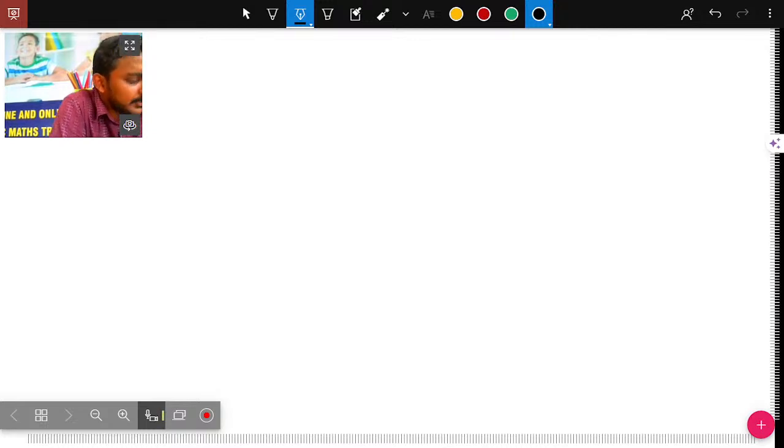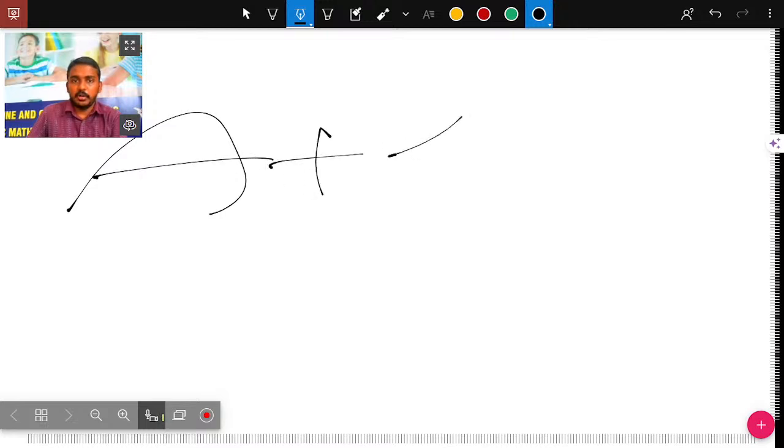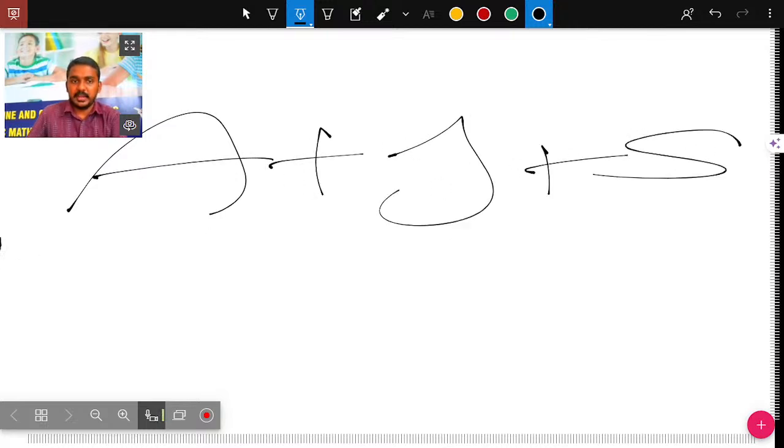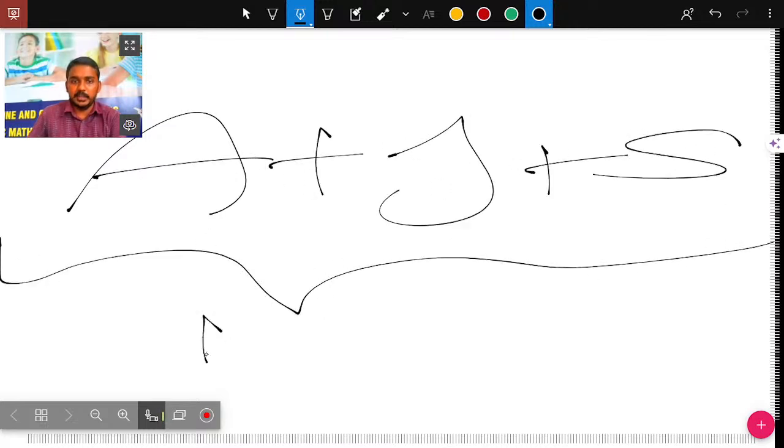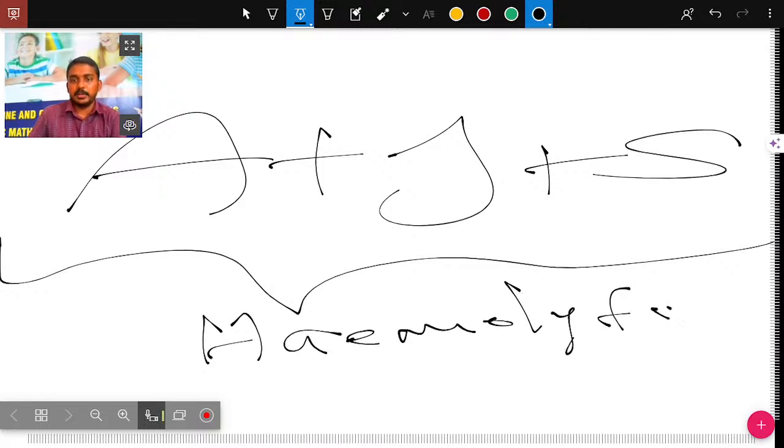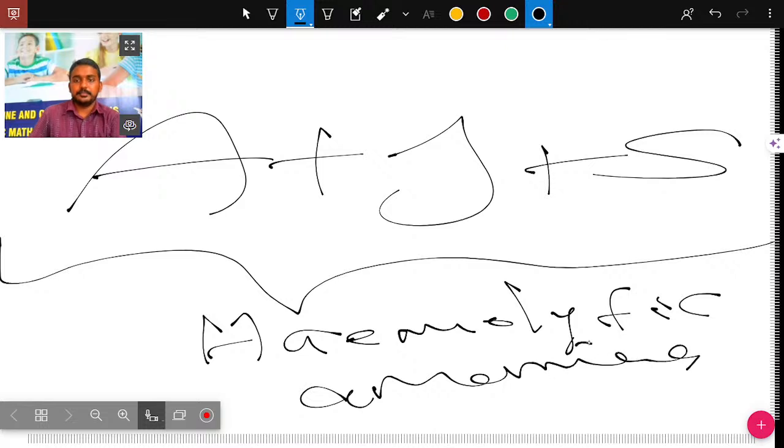Presentation means fatigue will be there, pale skin will be there. That is anemia. Then mild jaundice, splenomegaly. So in total, we can say anemia, jaundice, splenomegaly, in hemolytic anemia. Okay, so this is the thing.